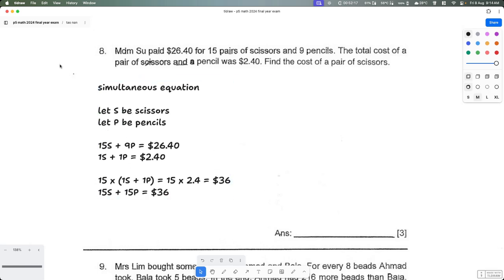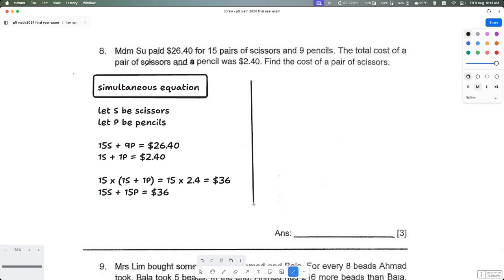So the simultaneous equation: 15s plus 9p, and 15s plus 15p will be this one. Okay, so we can minus this. We have a minus sign over here.